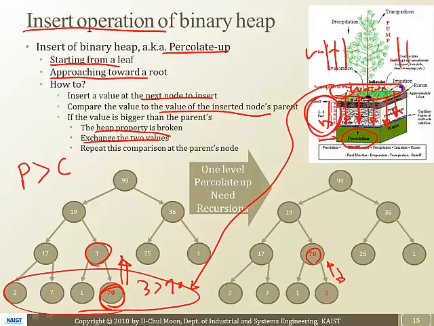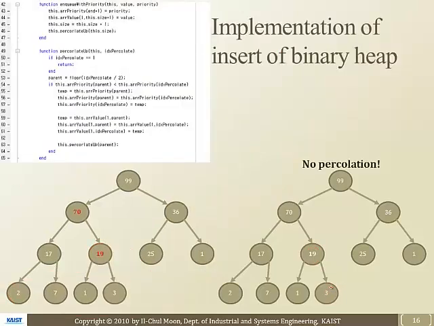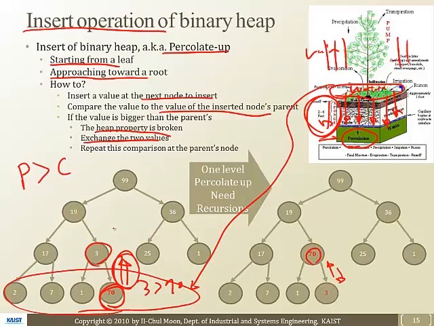The percolation happened downward here; here, percolation happened upward. So 70 percolated up and 3 percolated down. And keep doing this until the heap property is met, right? So next, 70 goes up and 19 goes down because 19 is smaller.